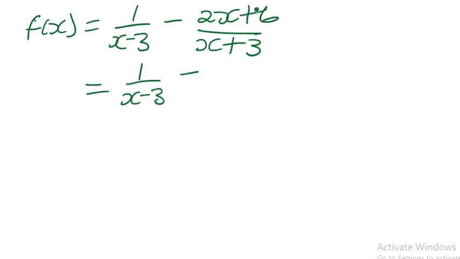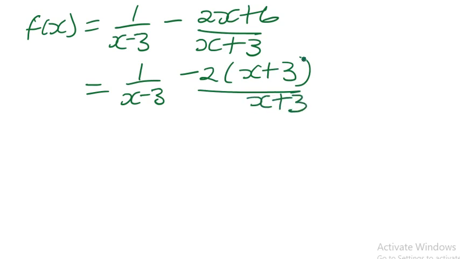Now for this side, we need to check what kind of problem we have. It seems like we can easily factorize, so let's do that. Take out a common factor, so we will have x plus 3 over x plus 3. Now x plus 3 and x plus 3 cancel because they are like factors, so we are left with 1 over x minus 3 minus 2.